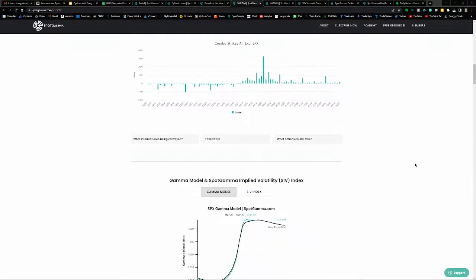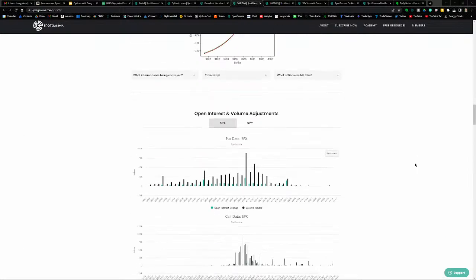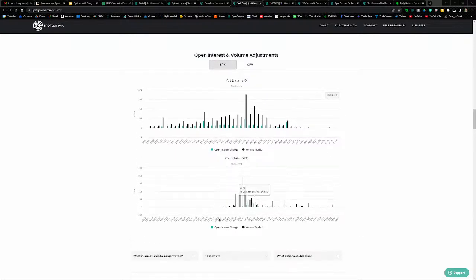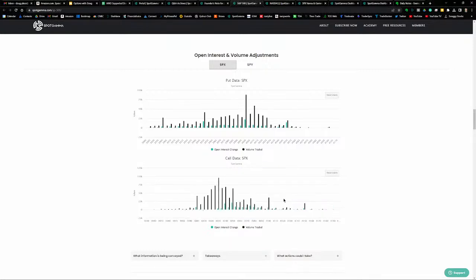Then one other thing to look at is this open interest. And there's put data, and let's take a look at call data. So this is the 4050 strike, and recall that up above we looked at the large black bar, the call gamma, and notice there was some pretty significant open interest change at the 4050 level, and not so much at the 4065 level.